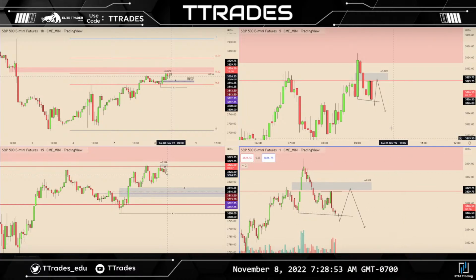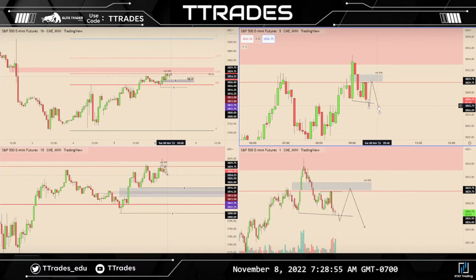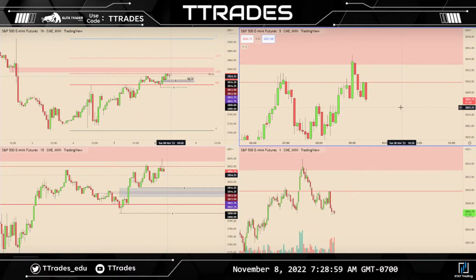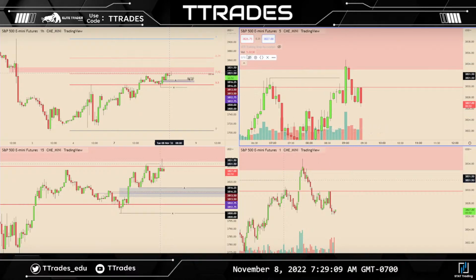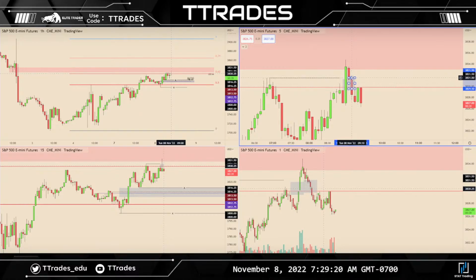Explain the 5-minute BPR? Sure. So we'll delete these drawings real quick. Essentially, you have this aggressive move up into a point of interest, also sweeping a high, right? See that? And probably a little volume spike there. Now you get an aggressive move back into the range. So how do you know it's aggressive? You have a fair value gap here, and you also have a fair value gap here.